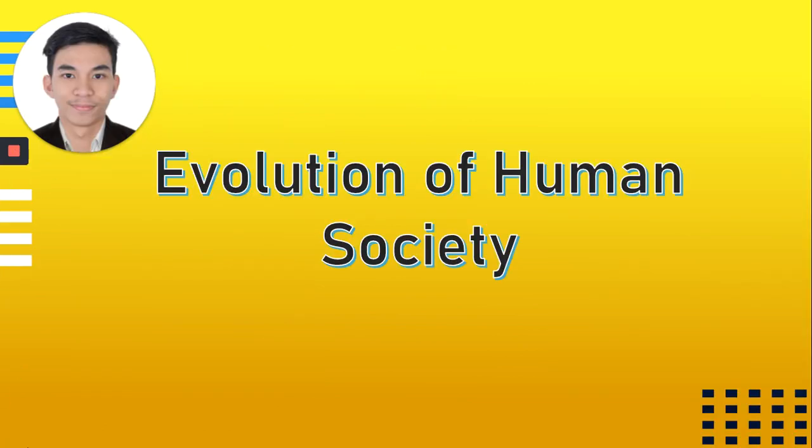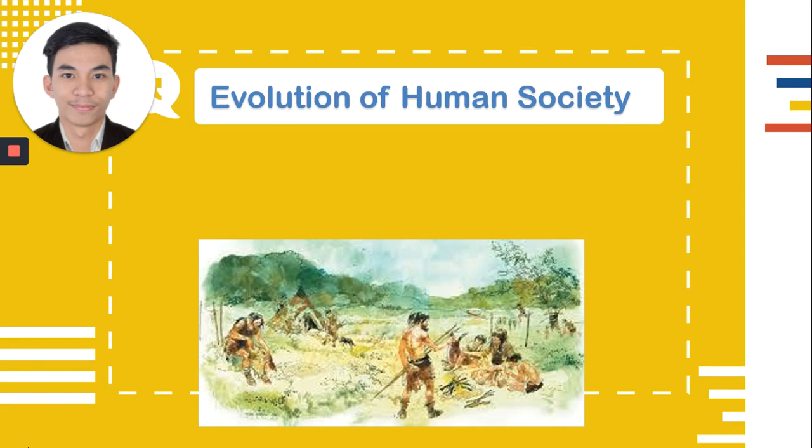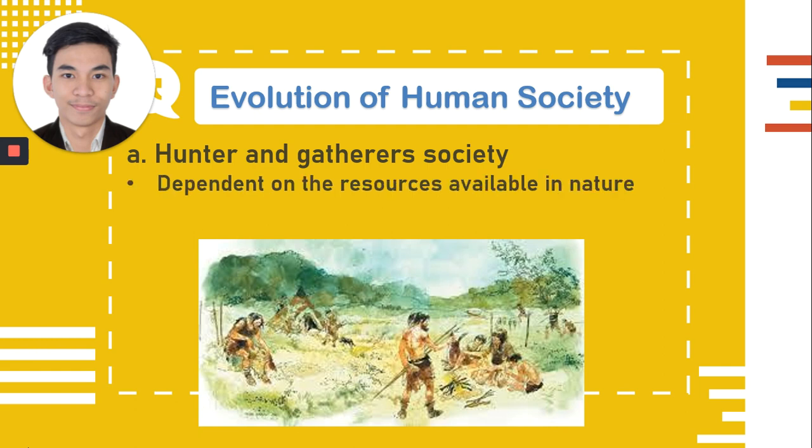Okay, the society has undergone evolutionary changes brought about by the development of different technologies. The evolution of human society has different stages. The most primitive of all the societies is the hunter-gatherer society, whose members depended solely on the resources available in nature.